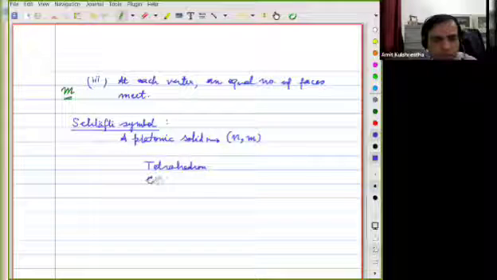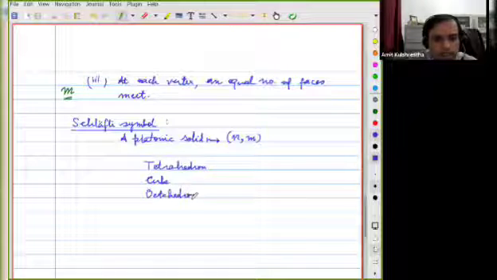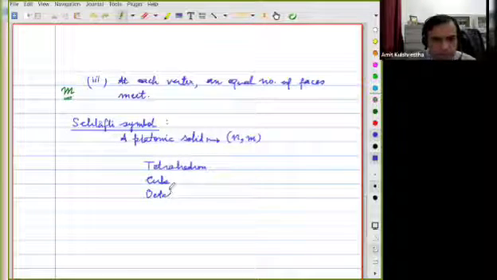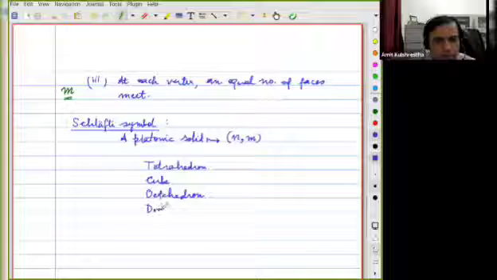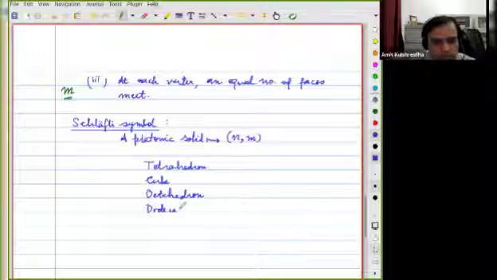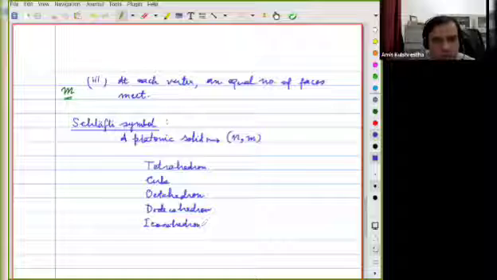Cube, octahedron, and I have dodecahedron, where dodeca was 12, and icosahedron.